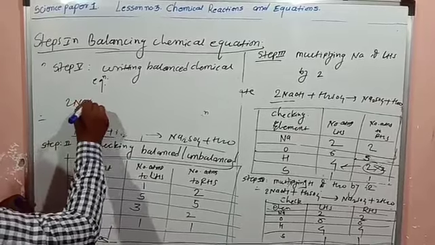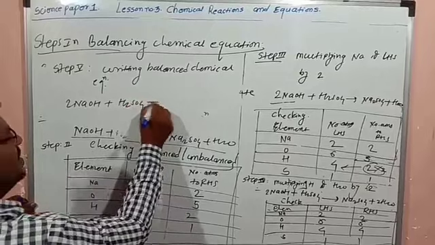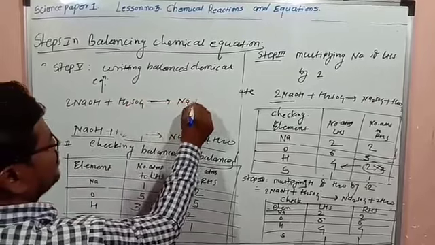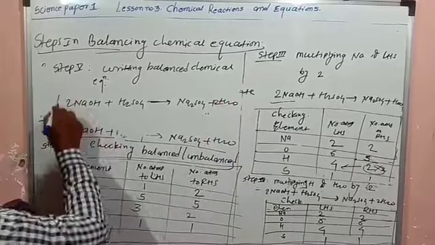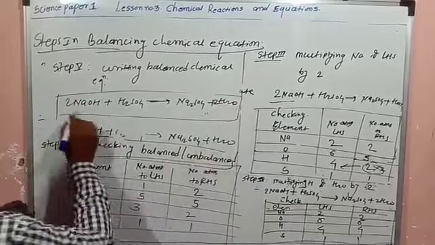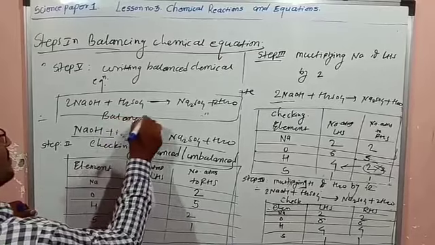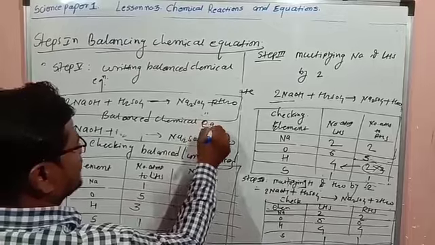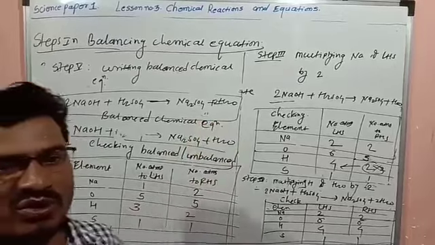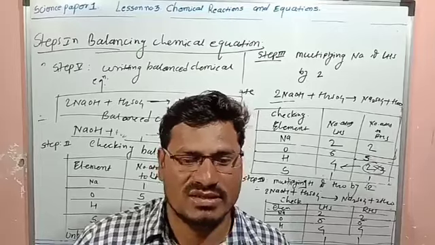Twice NaOH plus H2SO4, sulfuric acid, gives Na2SO4 plus twice H2O, and this is the balanced chemical equation. Why is it a balanced chemical equation? Because the number of atoms to the LHS and the number of atoms to the RHS are the same.